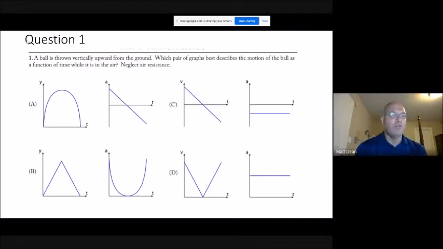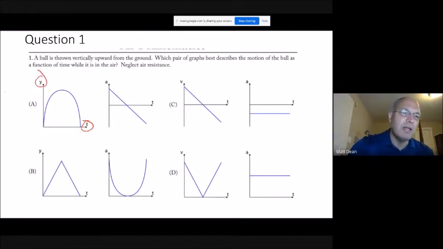A ball is thrown vertically upward from the ground. Which pair of graphs best describes the motion of the ball as a function of time while it's in the air? Neglect air resistance. Now notice some of these are looking at y graphed against t.